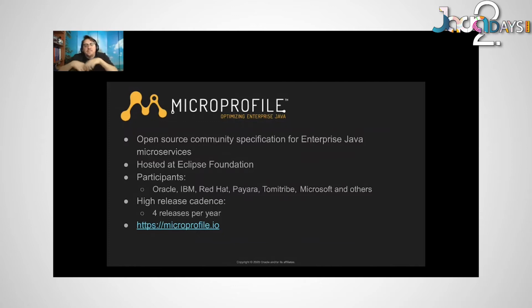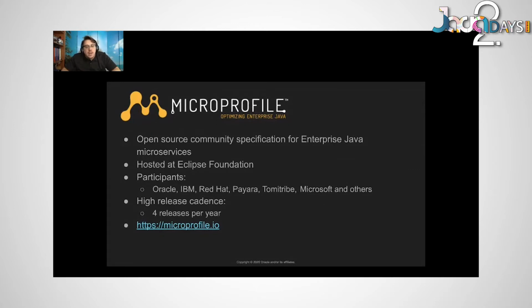So yes, it's an open source community specification for enterprise Java microservices. So it's a special specification. I'm sorry to say special specification, but it's designed to be exactly for microservices. So it's now hosted under Eclipse Foundation, and it has a lot of participants like Oracle, IBM, Red Hat, Payara, Tomitribe, and even Microsoft is there.